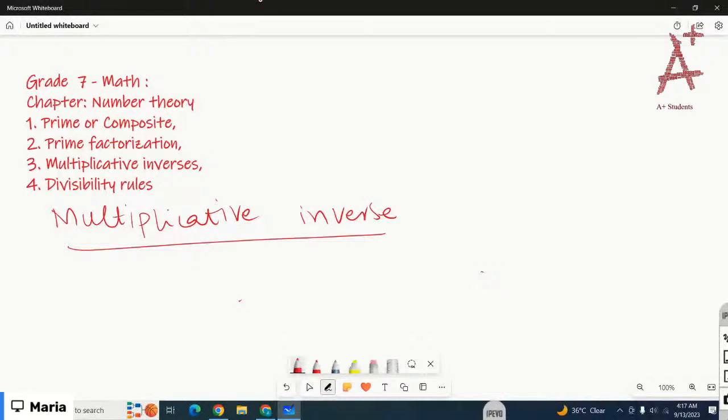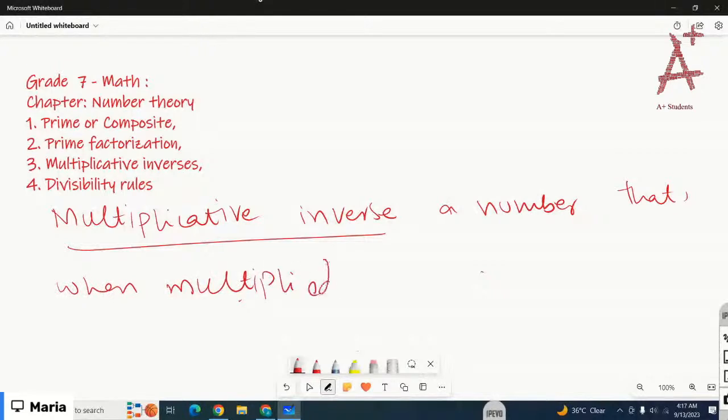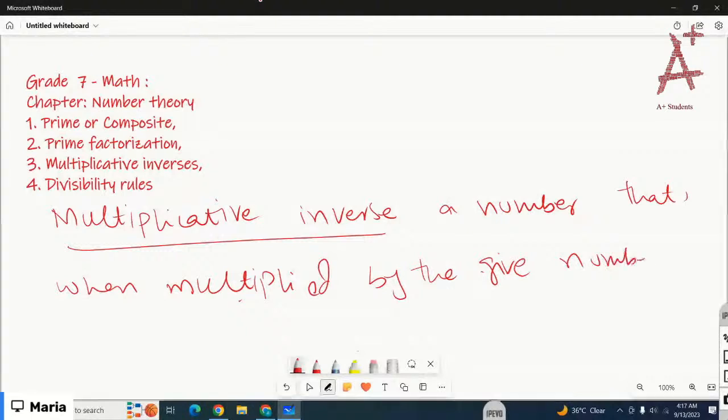A multiplicative inverse is a number that when multiplied by the given number gives 1 as a product, or in simple words you can say a multiplicative inverse is a reciprocal, right?